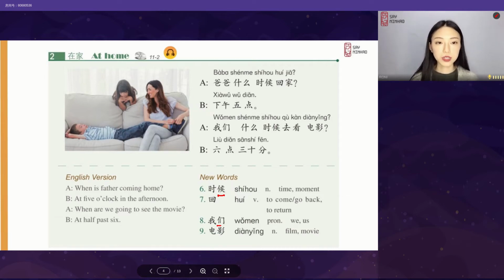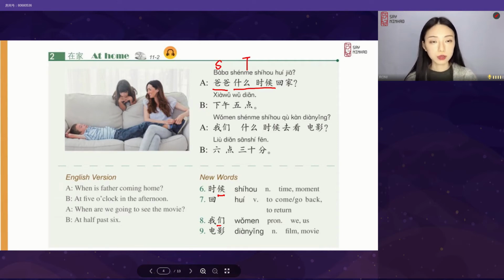爸爸什么时候回家？下午5点。我们什么时候去看电影？6点30分。Okay, let's see the text sentence by sentence. First one, 爸爸什么时候回家？爸爸 is the subject of this sentence. 什么时候 is asking about the time, right?